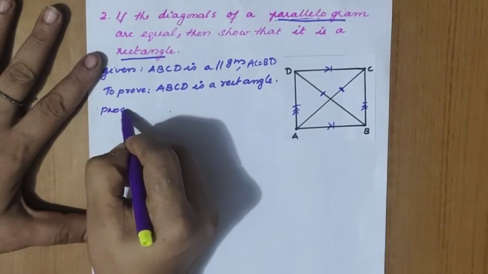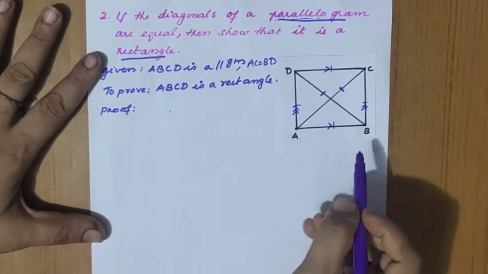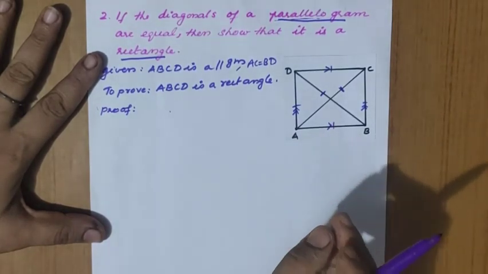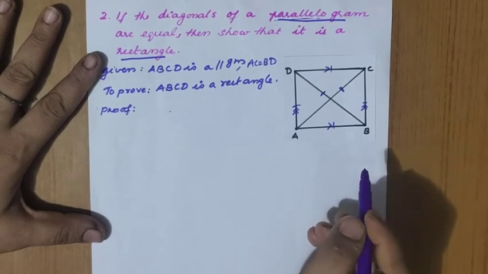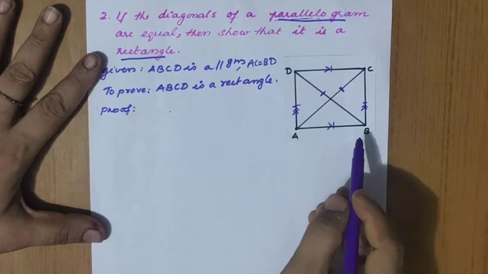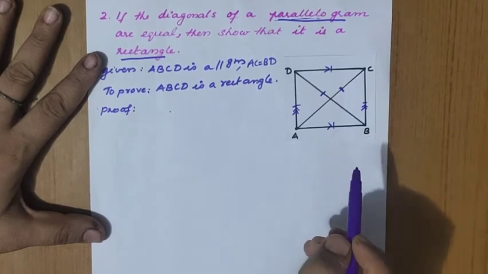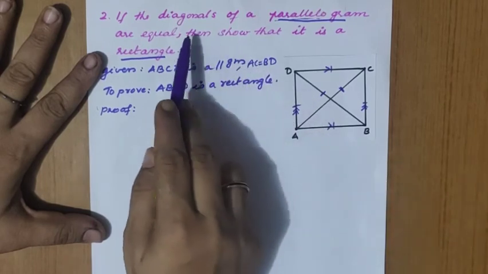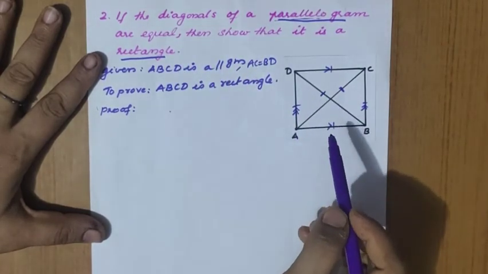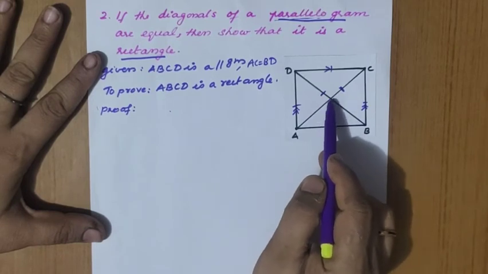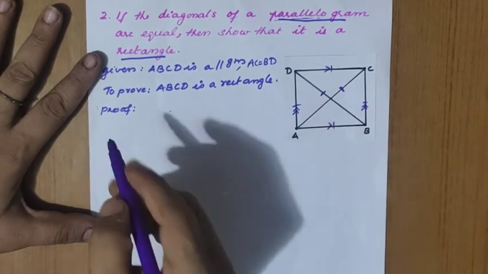I hope you understood this point. The additional criterion given for this parallelogram is that diagonals are also equal. So we are keeping the diagonal as one of the sides.